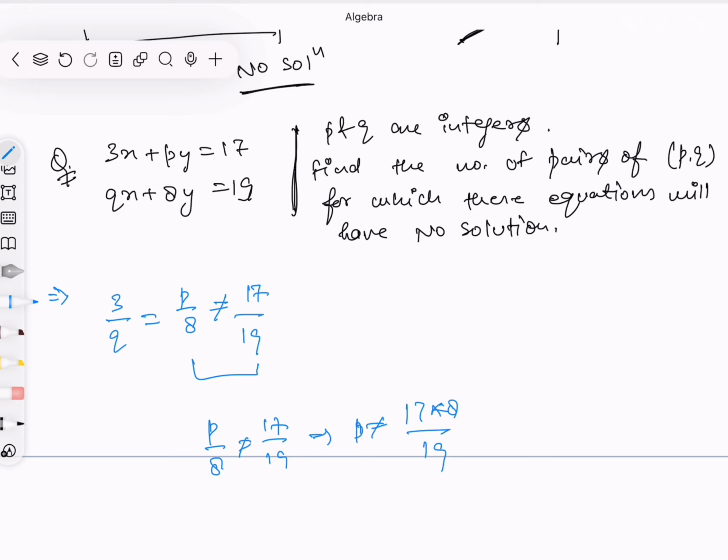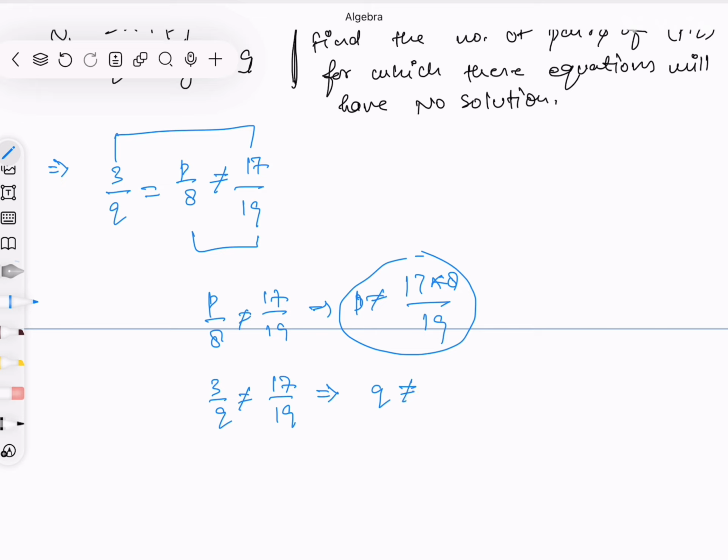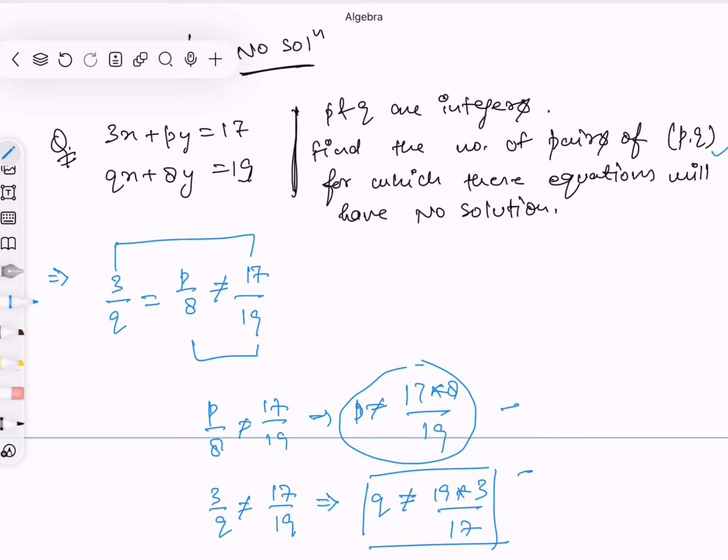This doesn't get solved, but we have the condition that it will not be this value. Similarly, 3 by q is not equal to 17 by 19, so q is not equal to 19 multiplied by 3 upon 17. These are the two conditions: whatever pairs I get, I will remove them if these two values are present in that pair.